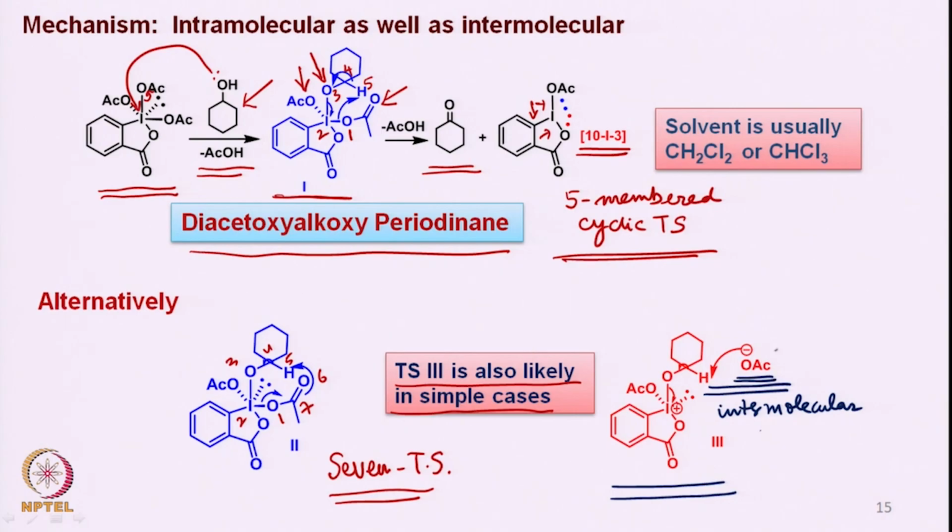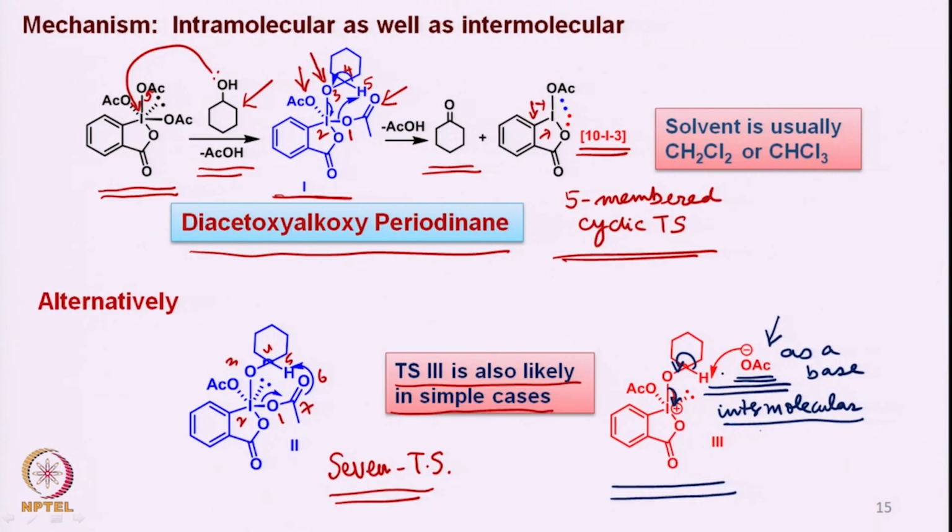This acetate can act as a base and remove the proton from here, and in this fashion the oxidation can occur, and that gives the corresponding ketone. So, this is an intermolecular way by which the oxidation occurs with the help of the acetate ion, which can come out from the intermediate, which is either 1 or 2, and they form a third intermediate which allows the intermolecular oxidation to take place.